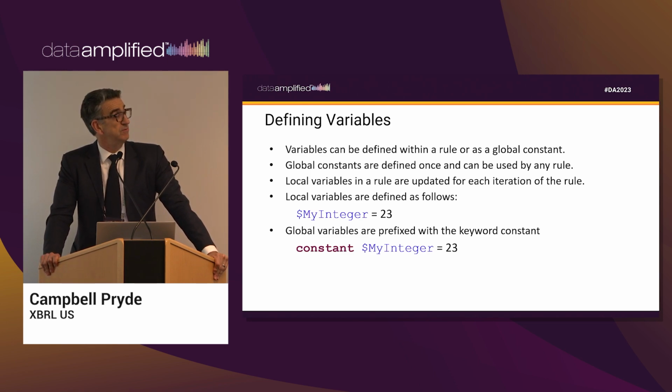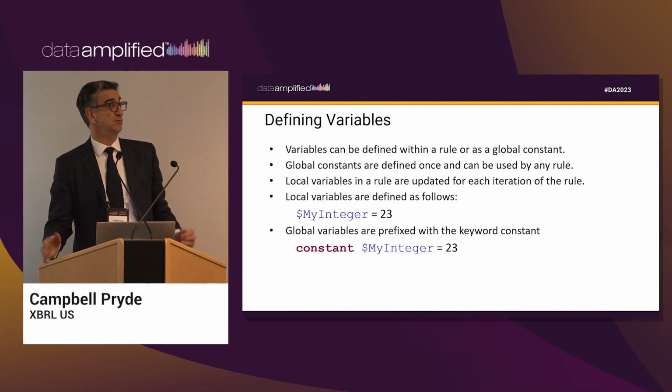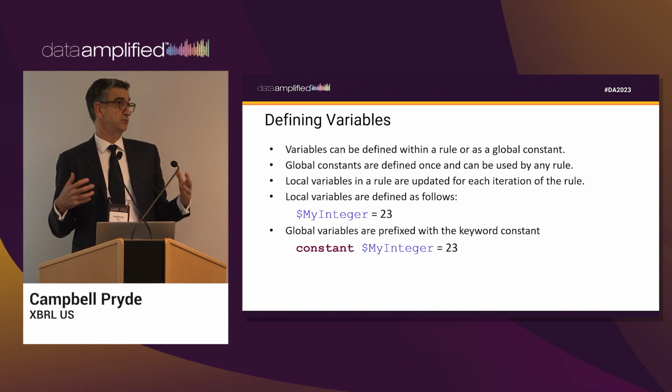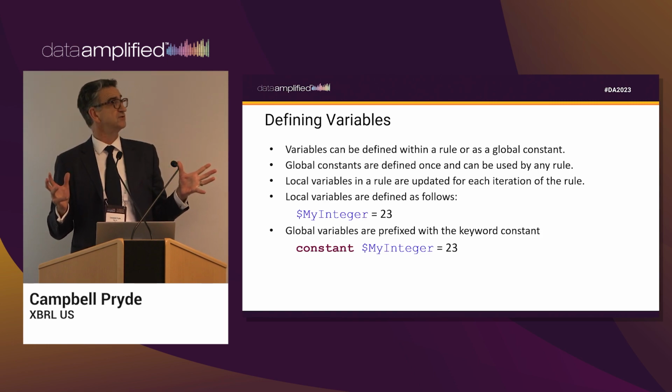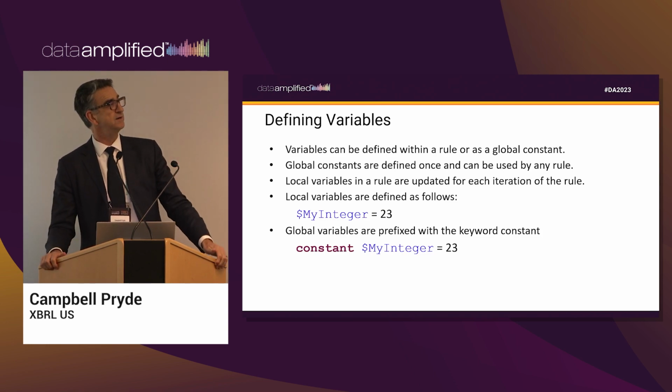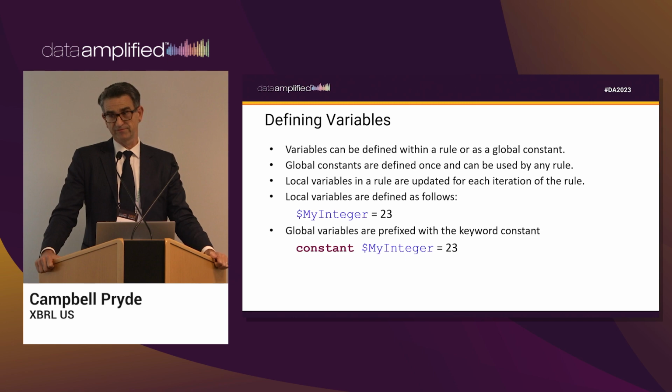And what we do, particularly for the DQC rules, is we basically load a taxonomy into a constant. When we run DQC rules, we pre-process all the constants in the filing. We load that into a server and run it as a server. So when we get a filing, all those constants are pre-calculated, and that really speeds up the performance a lot.